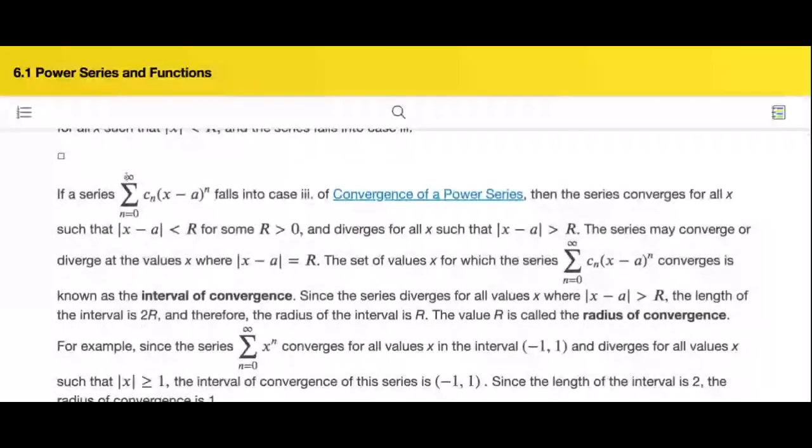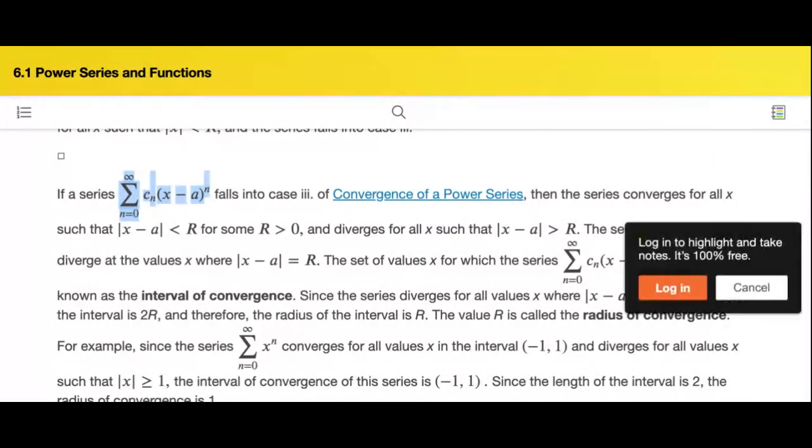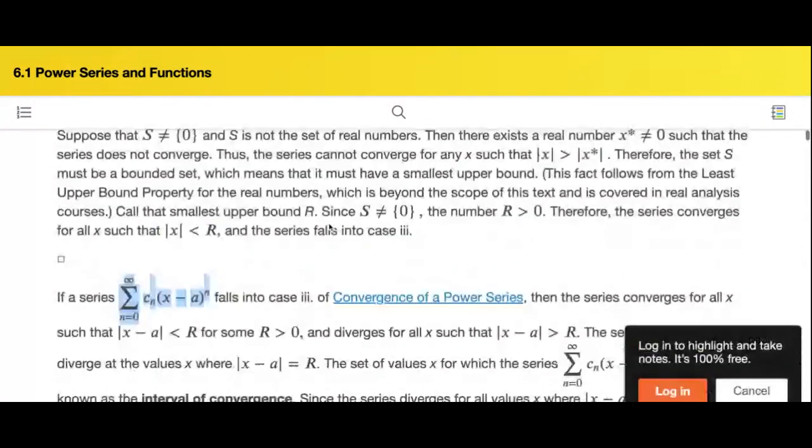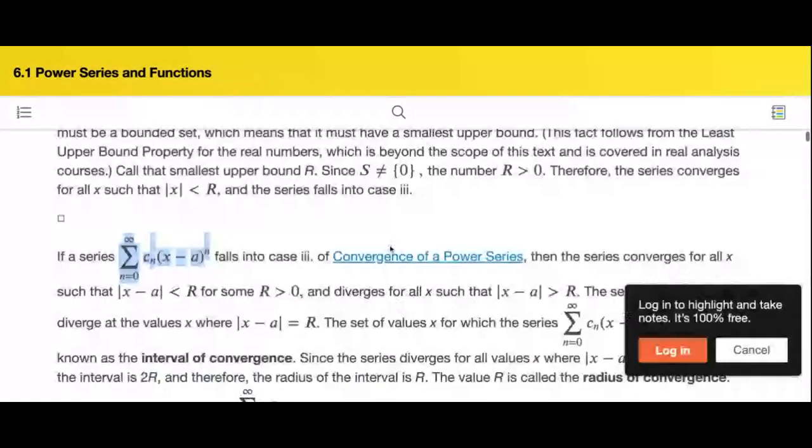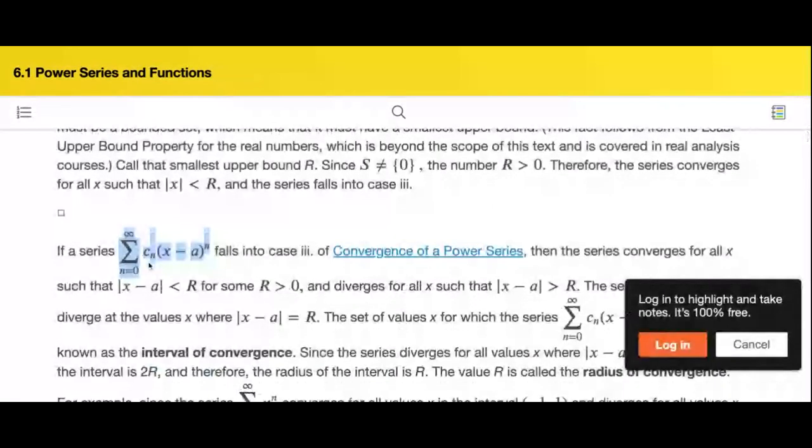And a more standard form is this one. We have a c subscript n, just like a subscript n in the other form. We can write it as c subscript n times x minus a raised to n. So what is a? A is a real number, and then we will see if this one converges.